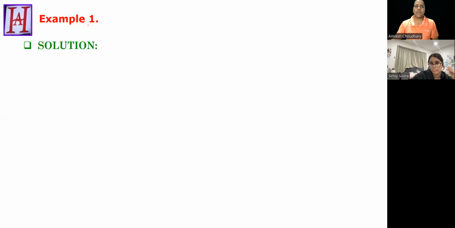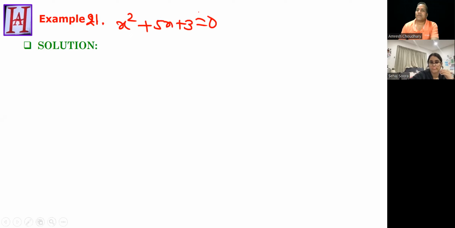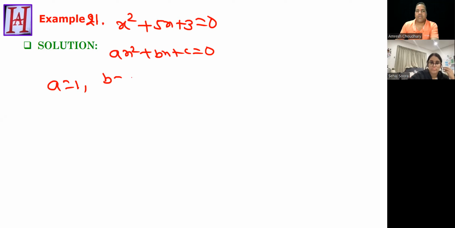Now, example number 21. Find the exact solution to the following using the quadratic formula: x square plus 5x plus 3 equal to 0. Compare this with ax square plus bx plus c equal to 0. Yes or no? a is 1, b equal to 5, c equal to 3. What is the formula for x?